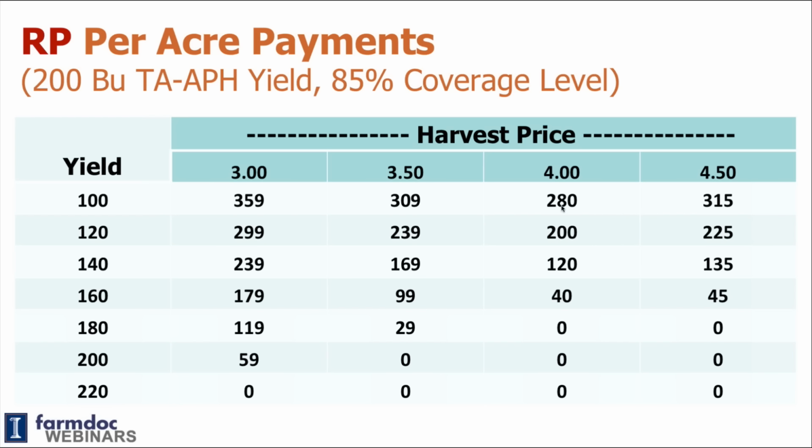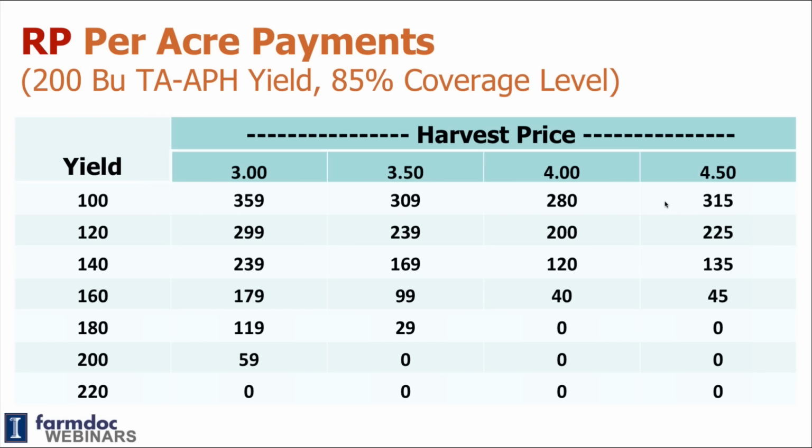Except when we get up here to these higher projected prices and then the payments go up because our guarantee is going up. We're running an example here with a $3.87 projected price, $4 and $4.50. Our guarantee goes up and then our payments go up.